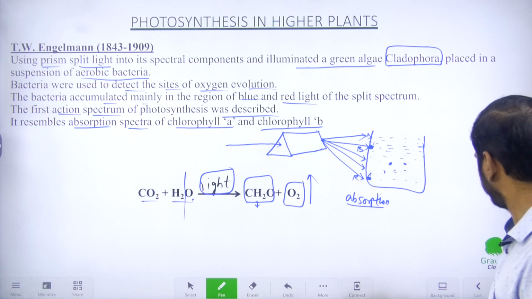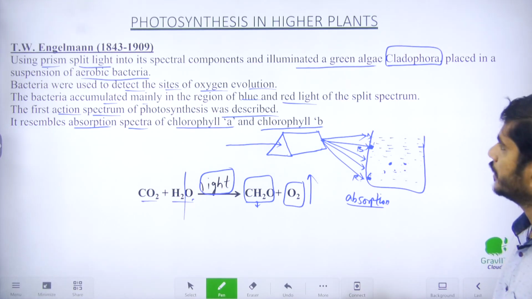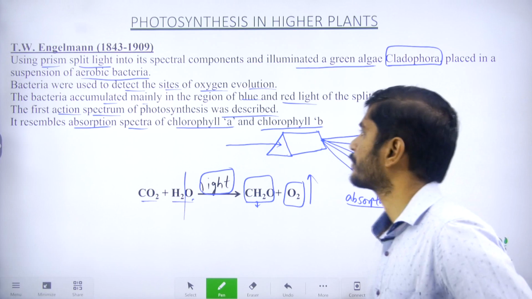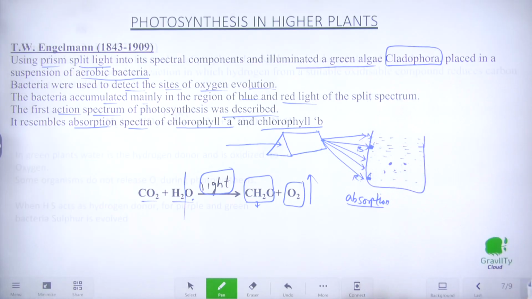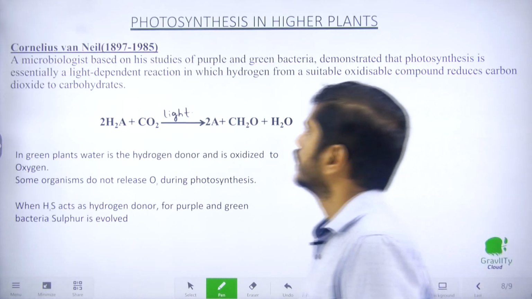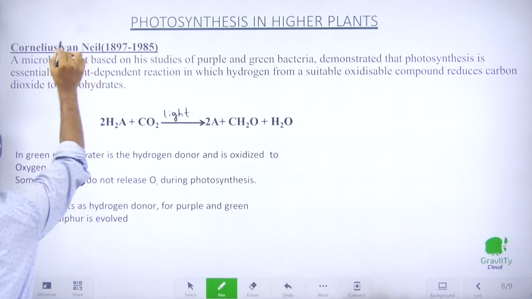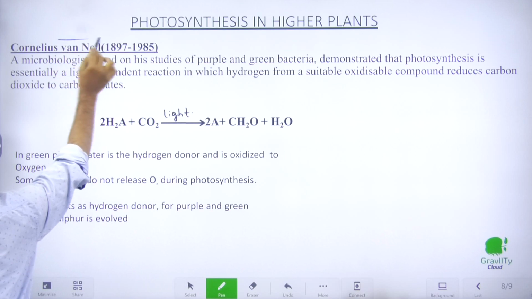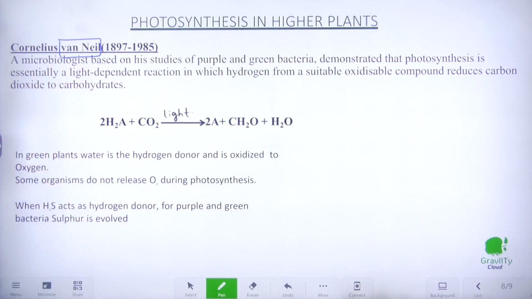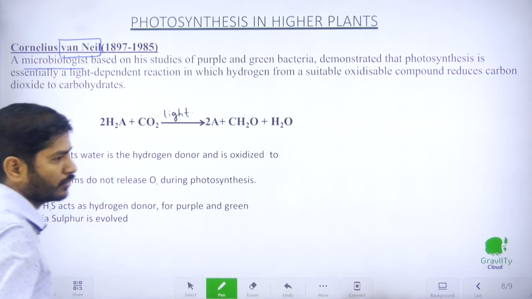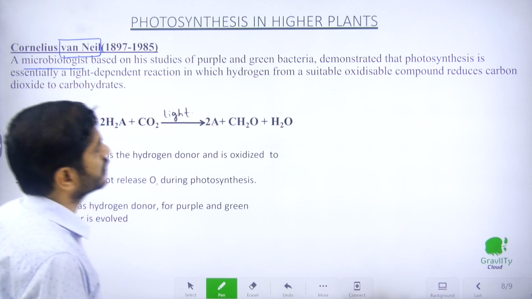So that is about the experiment which was done by Engelmann. Next, moving to Cornelius Van Niel, usually called Van Niel, the Van Niel experiment. He was a microbiologist who studied microbes and their culture.